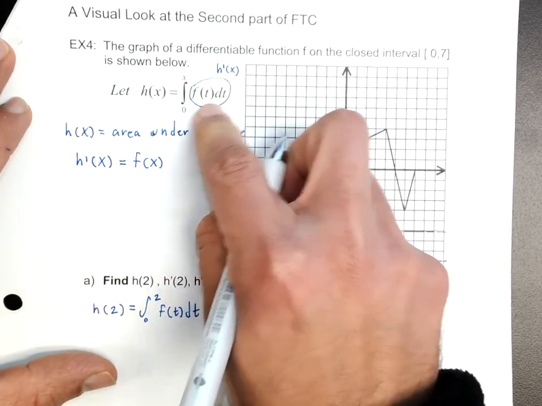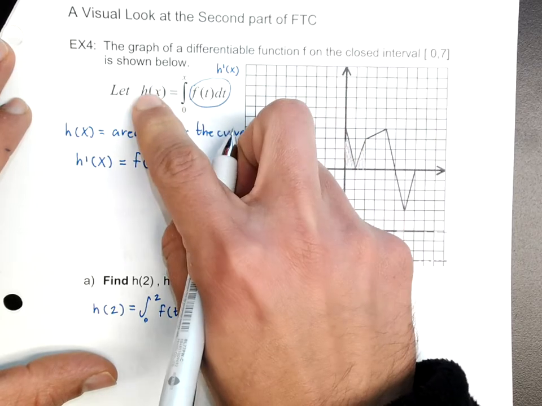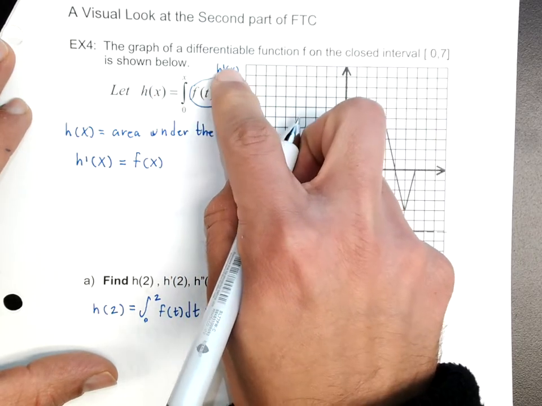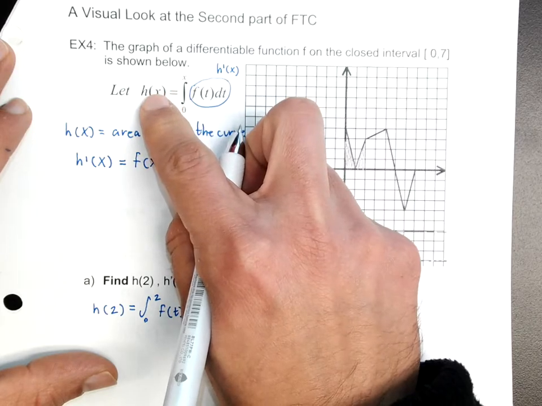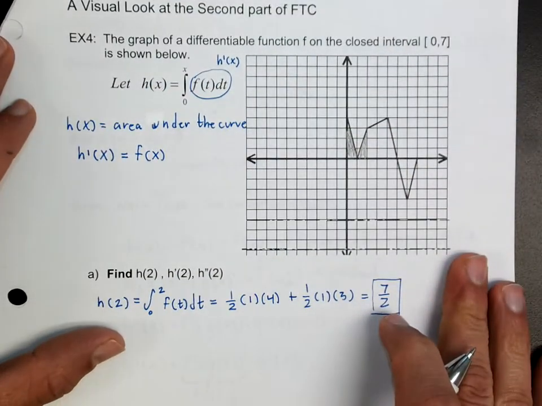Remember, I'm talking about f of t. f of t is the derivative of h, right? Because if we integrate h prime of x, we get h of x back.